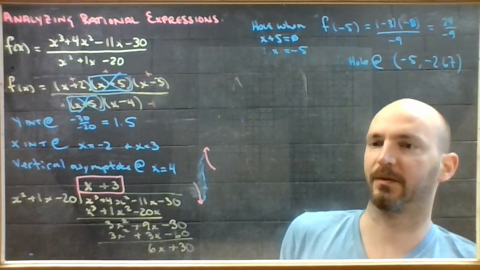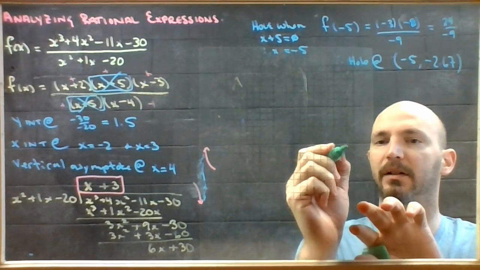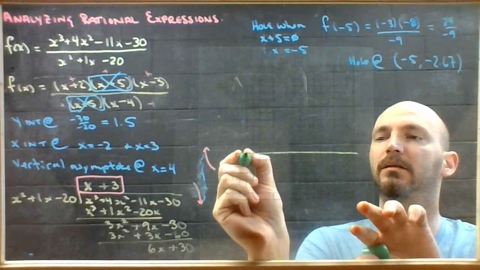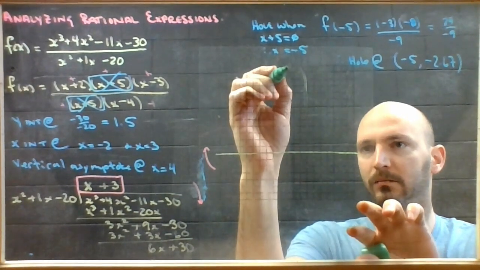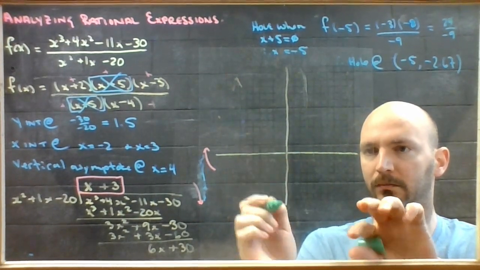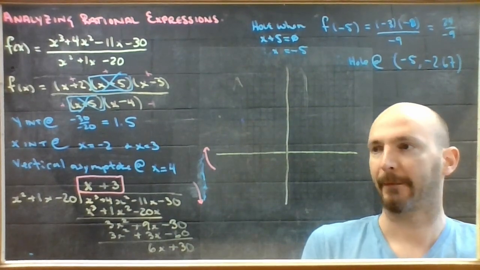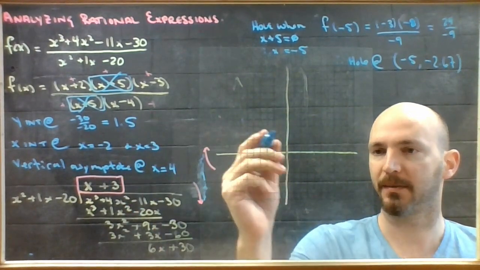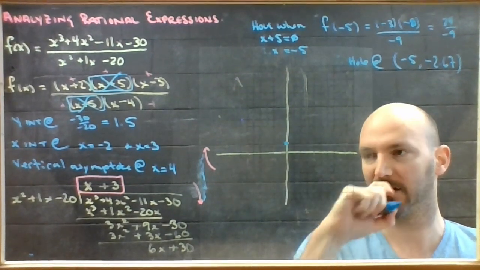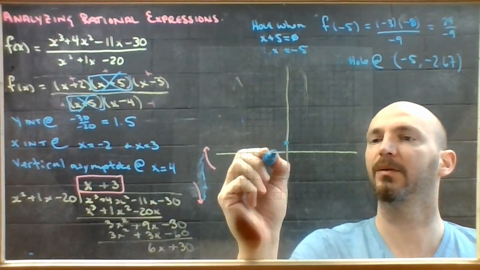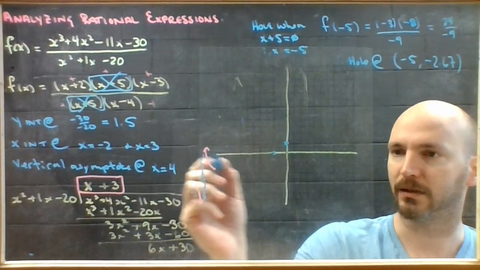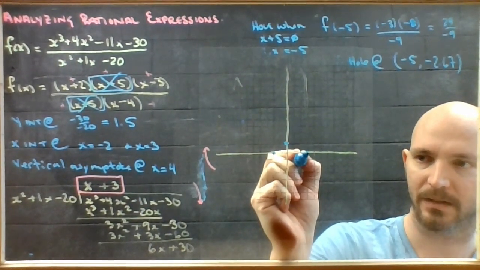Alright, so if I get my grid on here in green, and I have a y-intercept at 1.5, that's about here, and an x-intercept at minus 2, that's about here, and then another one at x equals 3, that's about here.